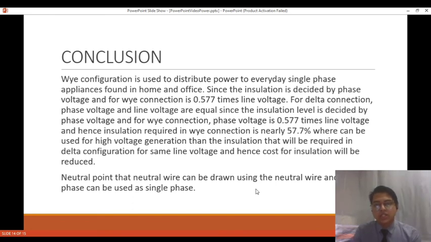Hence the insulation required in Y connection is nearly 57.7%, so it can be used for high voltage generation. The insulation required in delta configuration for the same line voltage is higher, and hence the cost for insulation will be reduced in Y.